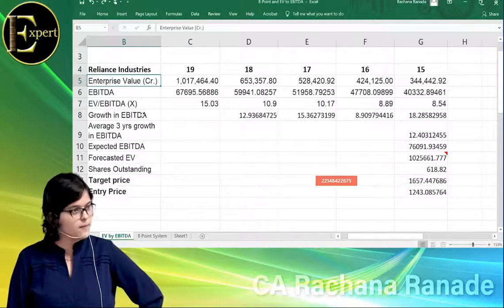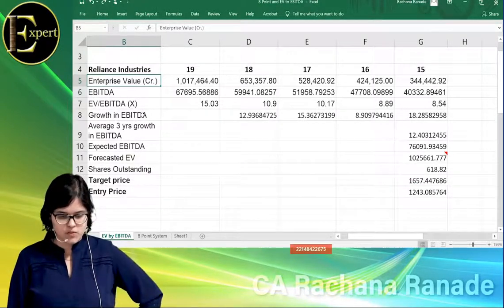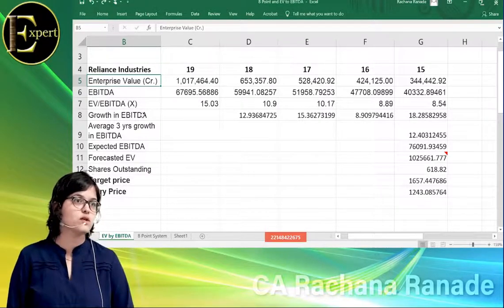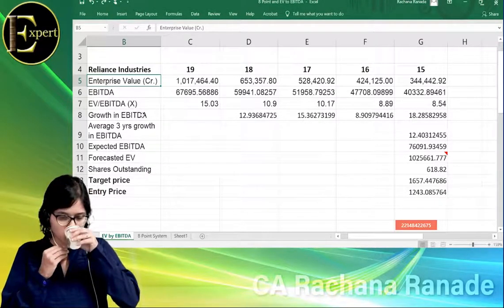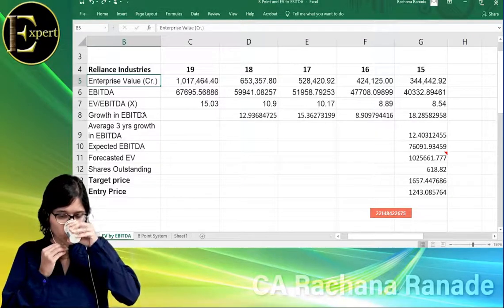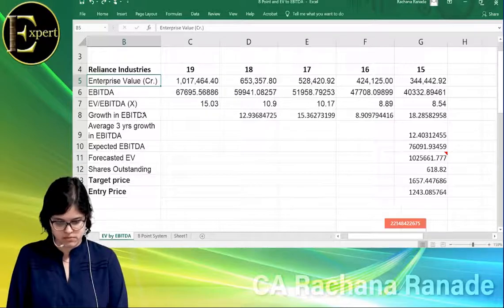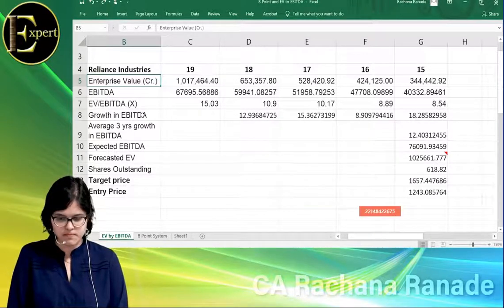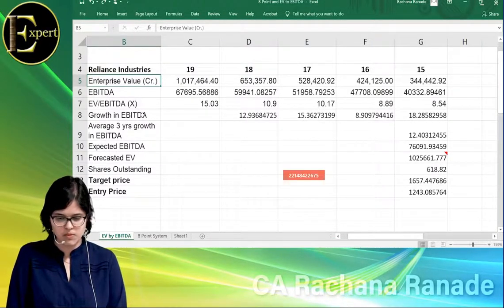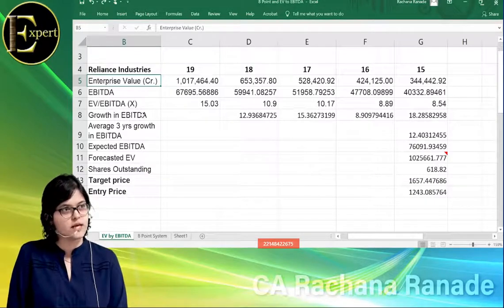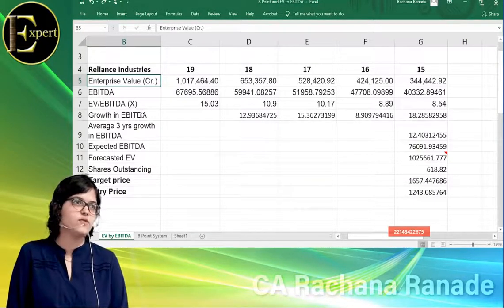Okay? Next one. What did we calculate then? Growth in EBITDA. Calculate the growth in EBITDA. What is the next step? Calculate average growth of EBITDA.